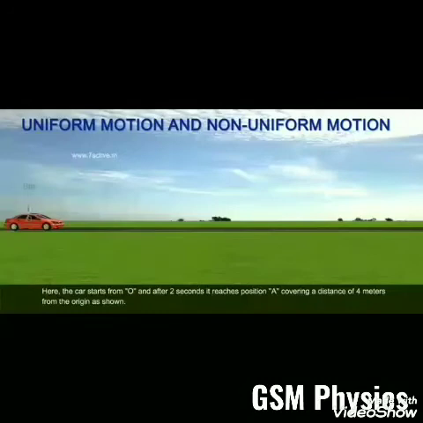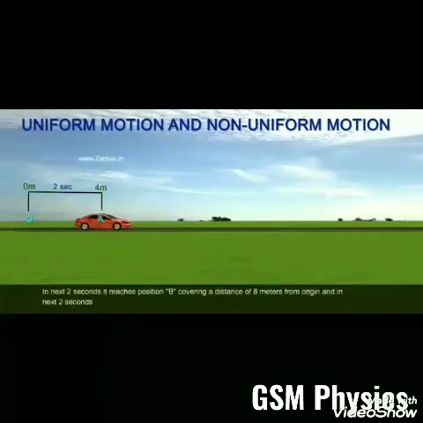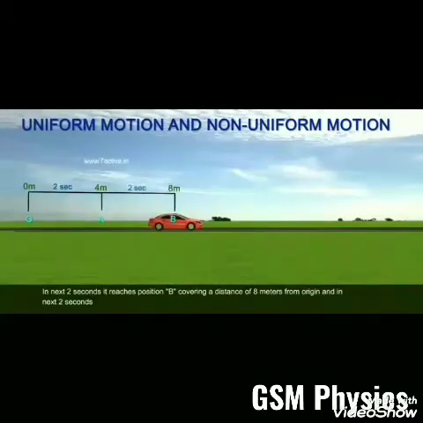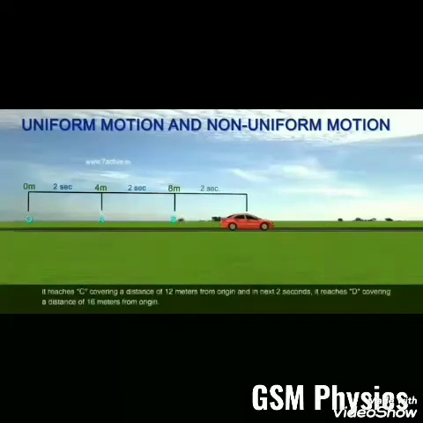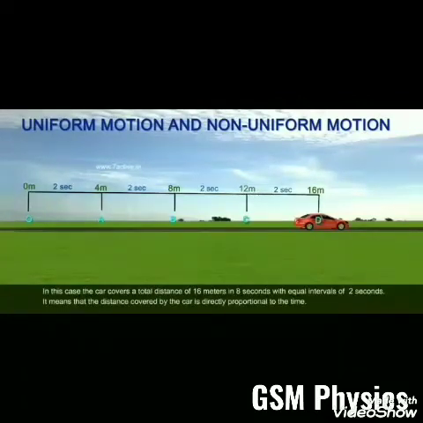Here, the cord starts from O and after 2 seconds it reaches position A, covering a distance of 4 meters from the origin. In the next 2 seconds, it reaches position B, covering a distance of 8 meters from the origin. In the next 2 seconds, it reaches C, covering 12 meters from the origin. And in the next 2 seconds, it reaches D, covering a distance of 16 meters.